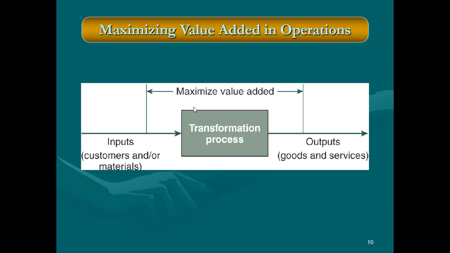Going again to adding value, or value added, in operations, in order to maximize it, you must be concerned with your transformation process. After you get your inputs, you can maximize value as much as you can through the transformation process.